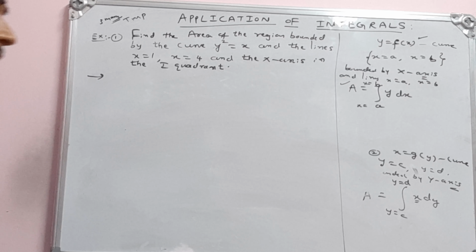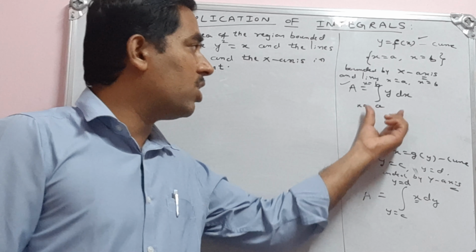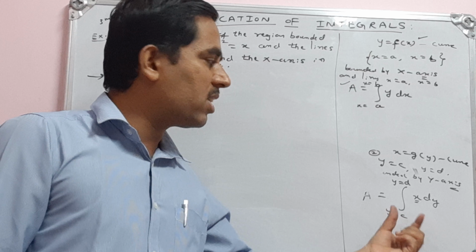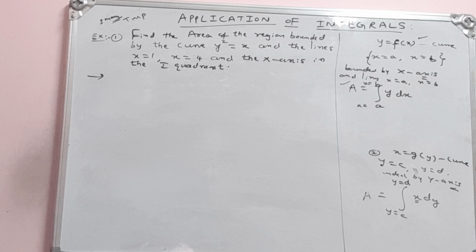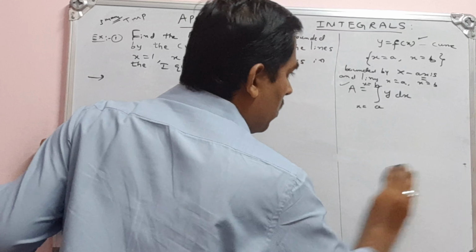Okay, see, now in this session we have discussed these two cases. If the curve is bounded by x-axis, integration of y dx. If the curve is bounded by y-axis, integration of x dy. So let us read the problem here.